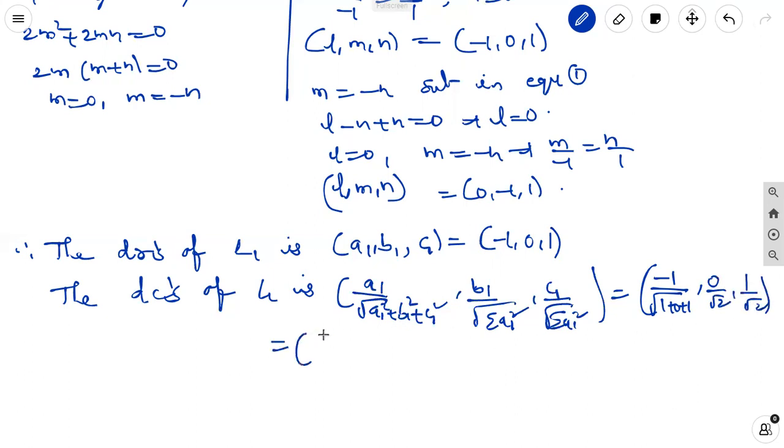Direction cosines are minus 1 by root 2, 0, 1 by root 2.